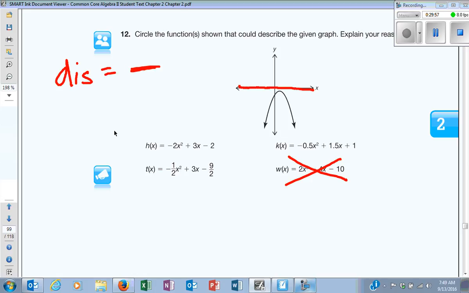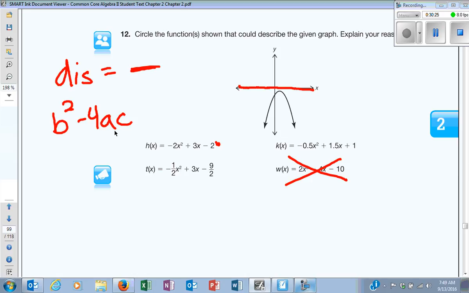So I could come down here and go b squared minus 4ac and check which ones are going to be negative. If I figure out this is positive, what do I know? Can't be this one. Are you following me? If I check this one and it's negative, could it be a solution for this? Yes. What else could I check to see if this is good?